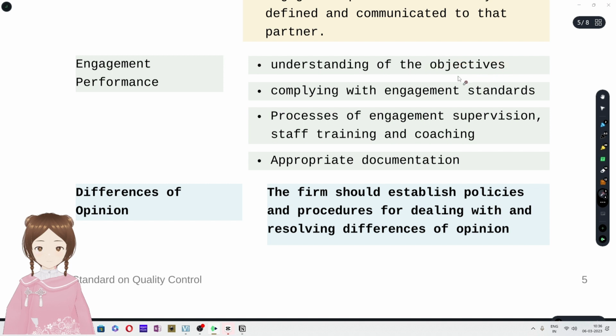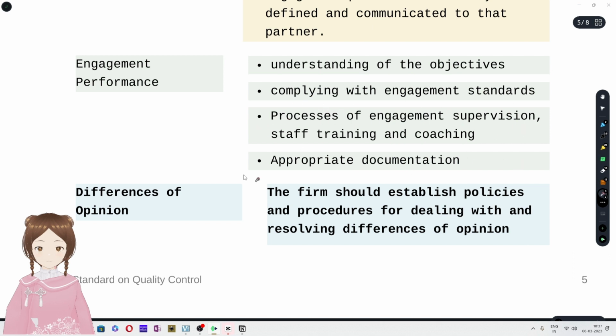With regard to an engagement, whether it's due diligence, an investigation, or just giving an opinion on the financial statements, we have to know the objective and comply with engagement standards. Engagement standards were auditing standards, etc., and other regulatory requirements that the company is under. And the process of engagement supervision, staff training and coaching, and appropriate documentation should be there.